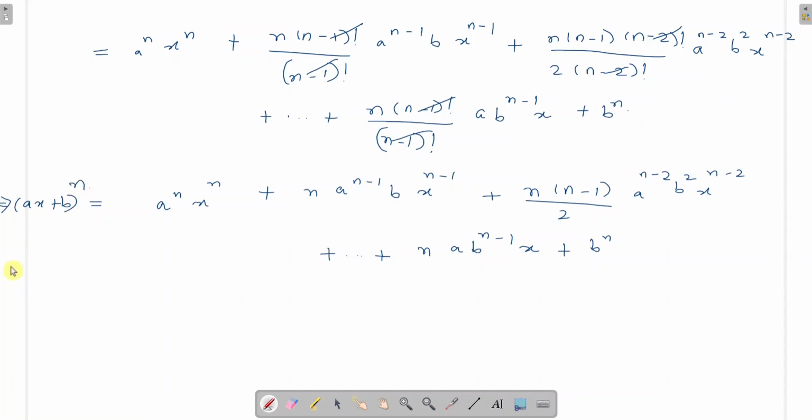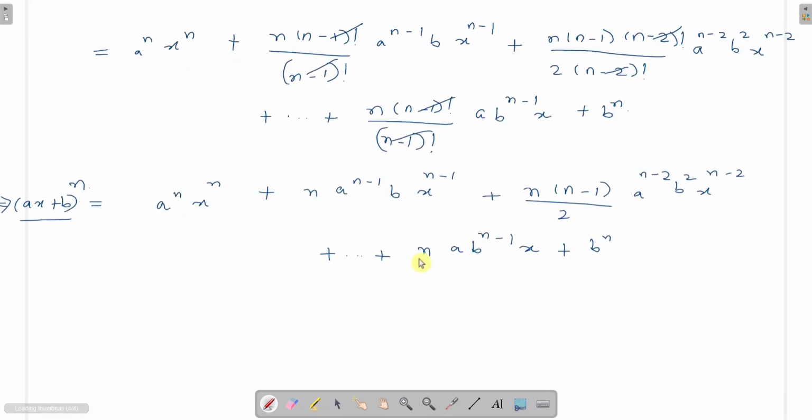Okay, so what we have to calculate is the derivative of this, right? So to calculate the derivative of (ax plus b) raised to n, we will take d by dx of (ax plus b) raised to n. So that means d by dx of this, what we have got here.